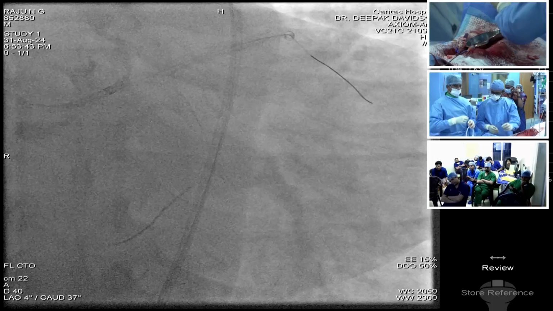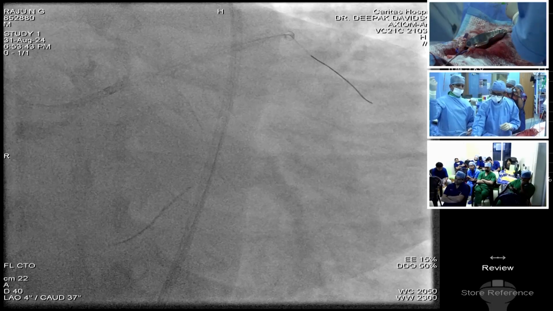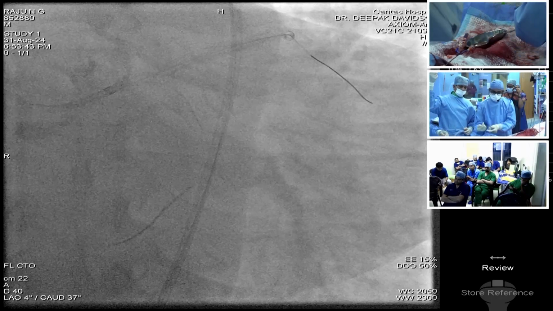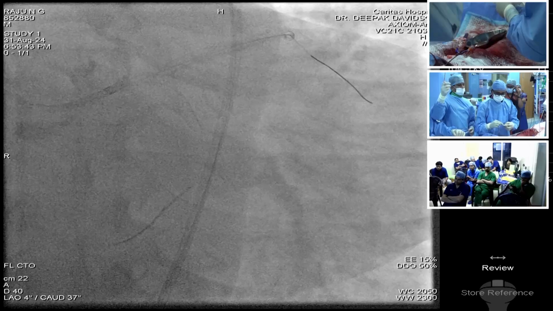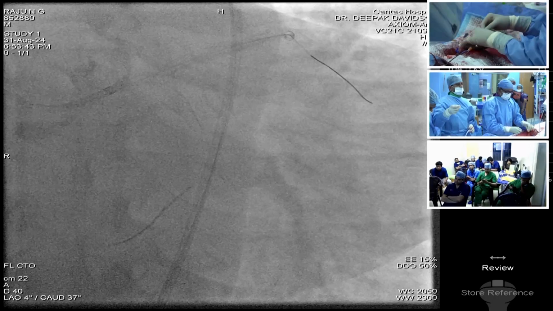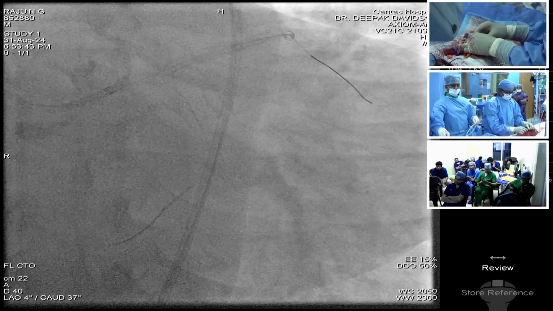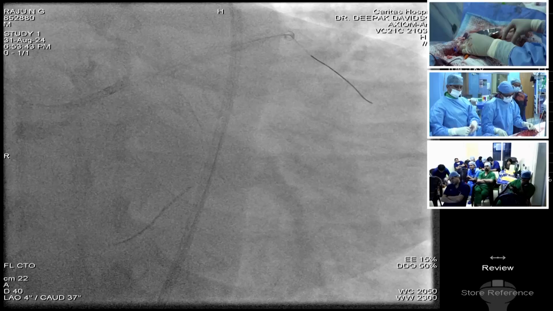We will go with the 3.5 into LAD, the aux one. 3.5, 12. Okay. 12. Negative.